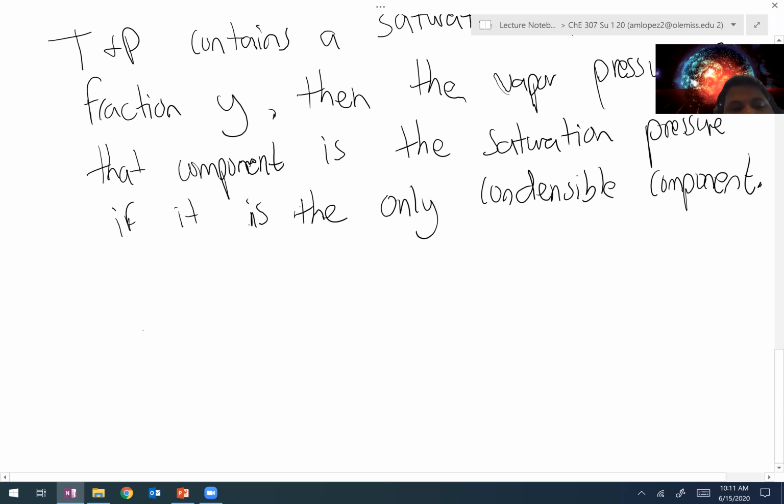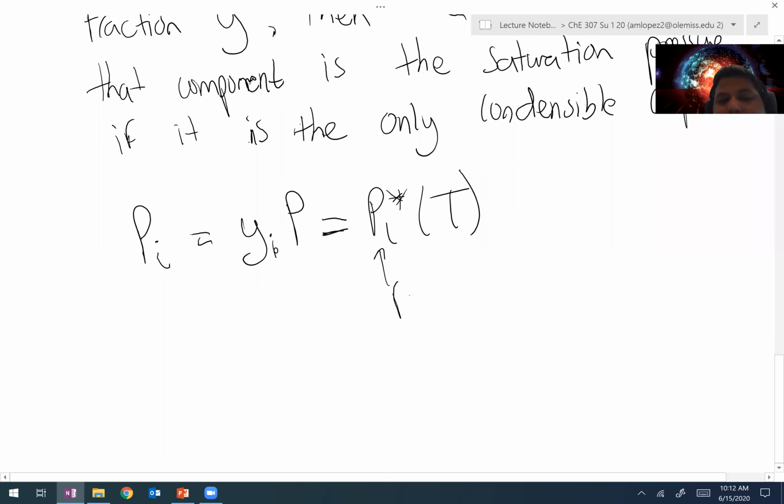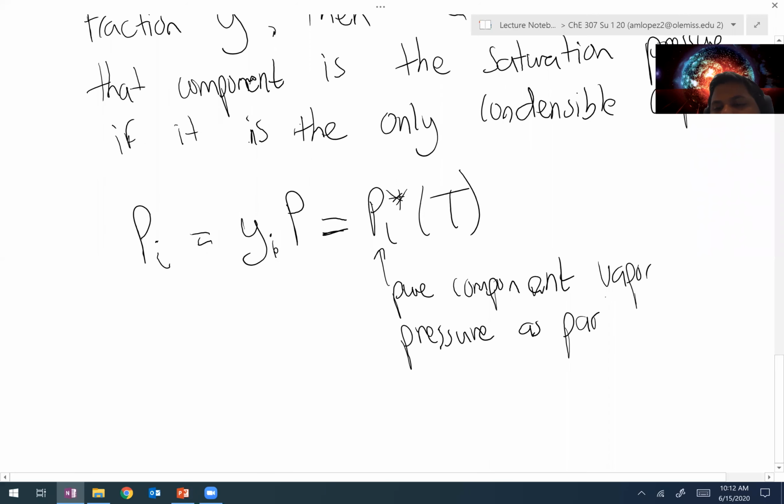So mathematically, we can say the partial pressure of the substance is equal to the mole fraction of that substance times the total pressure. But if it's the only condensable component, we can say the vapor pressure is also equal to that saturation pressure. And so we can essentially use the pure component vapor pressure as the partial pressure.